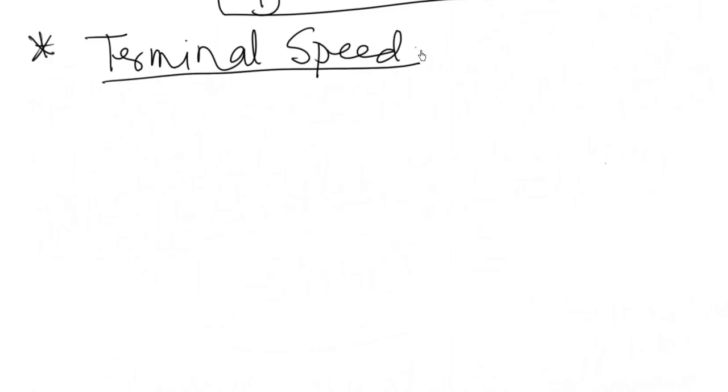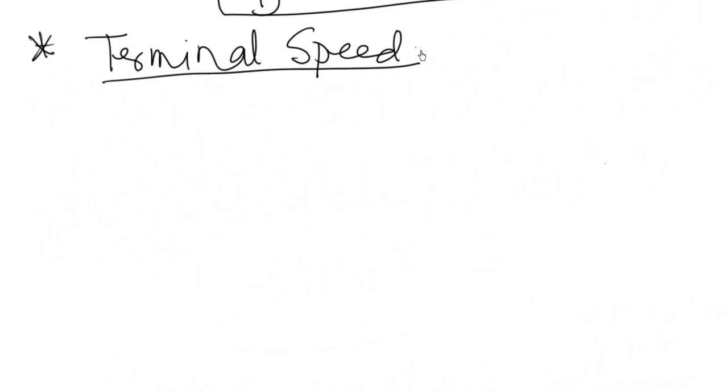Now, when an object moves through a fluid, as I mentioned, if the retarding force because of friction is equal to the force for which the body is moving, then there will be no net force.